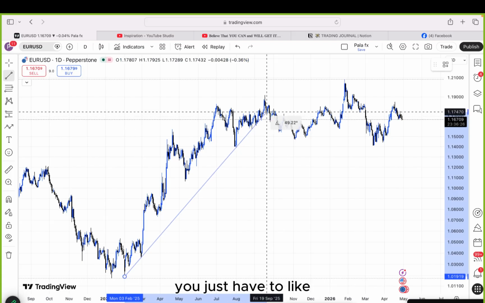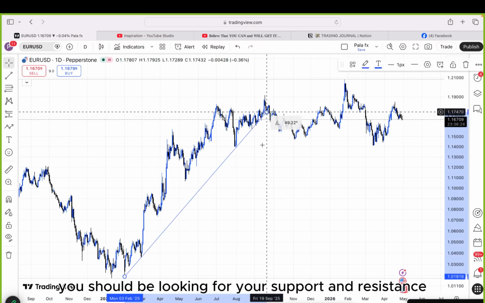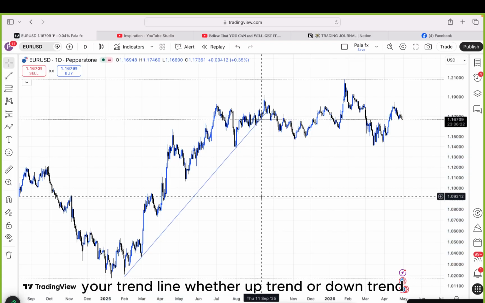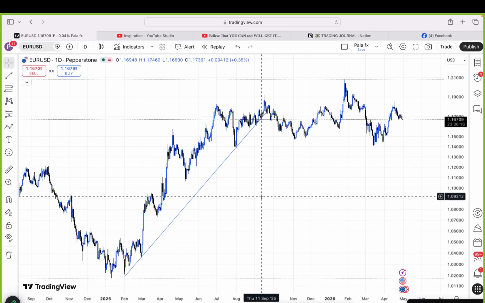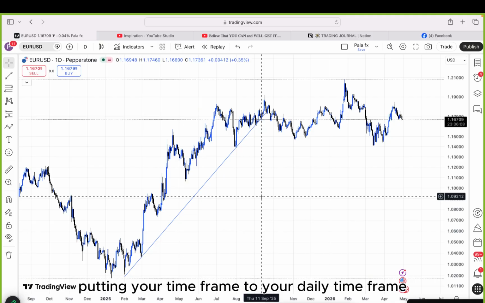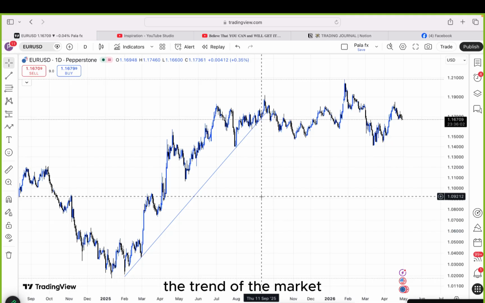Anytime you open your chart, you should be looking for your support and resistance, your trend line, whether uptrend or downtrend. You feel me? So the first step is your top-down analysis. Start from your daily time frame or your weekly time frame, or even monthly time frame, then start looking for the trend of the market.